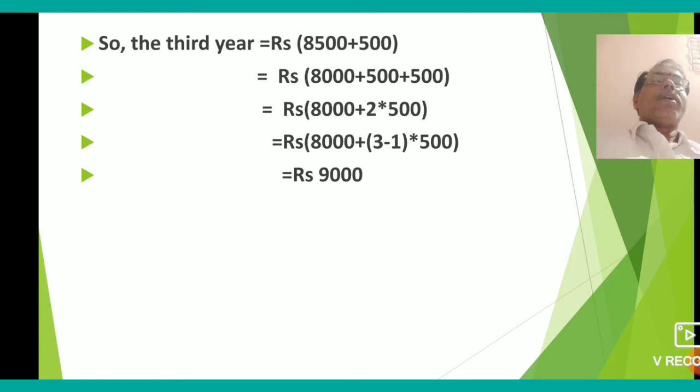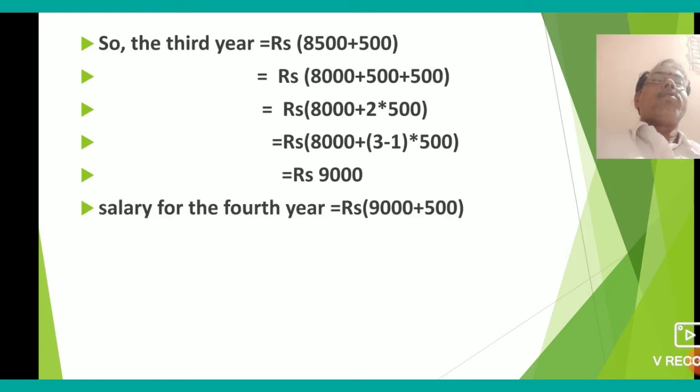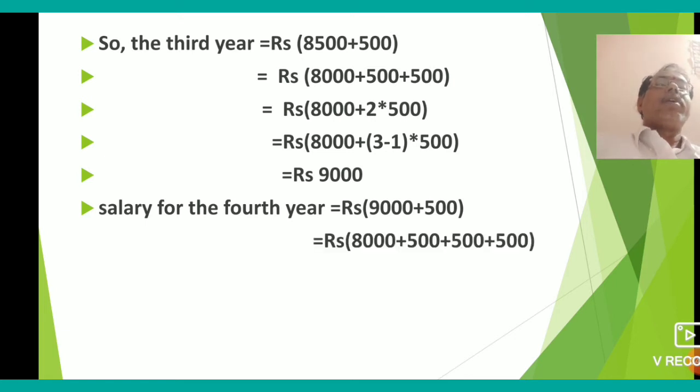Okay. Now see the process for the 4th year. Salary for the 4th year. Obviously she got 9,000 for the 3rd year, then 500 is the annual increment, so that's why 9,000 plus 500. Now again that 9,000 can be written using the 8,000s and 500s: 8,000 plus 500 plus 500, two 500s, 1,000 plus 8,000, 9,000, plus the extra increment for this 4th year, that is 500.